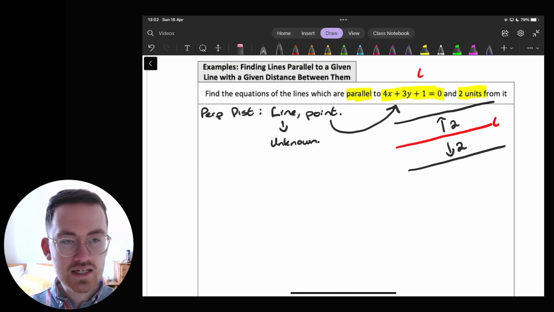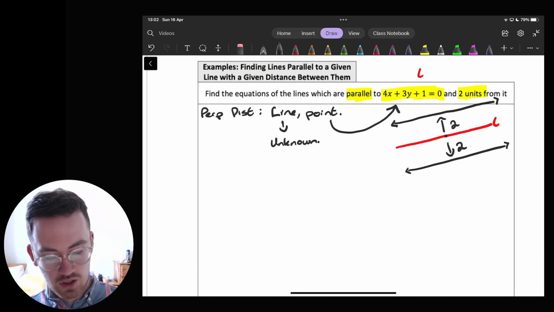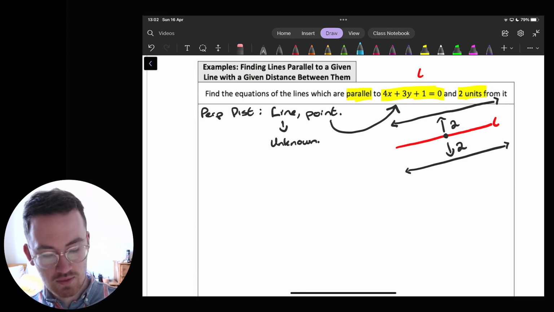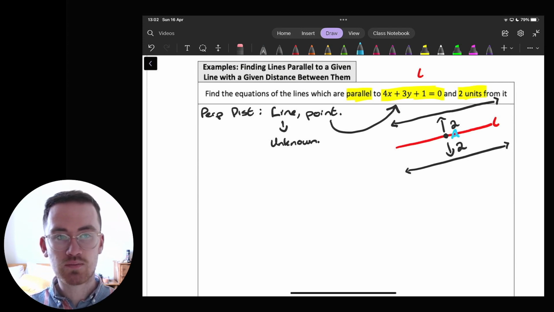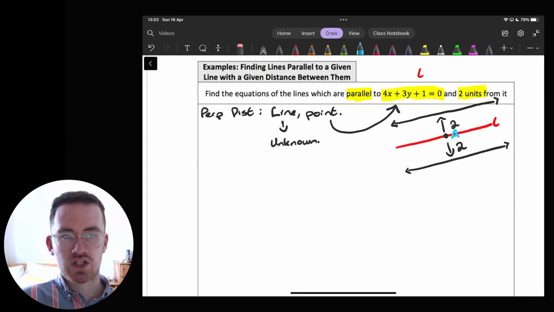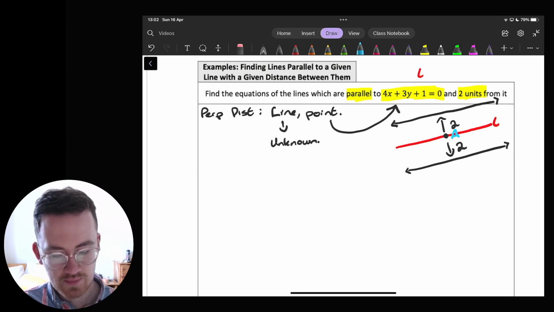What we do need to take into consideration is that if we're going to use these black ones as my line, then we need to find a point on this red line. We'll call this point A, to keep it simple. So we want to find a point on that red line, and then we can use that in our formula.